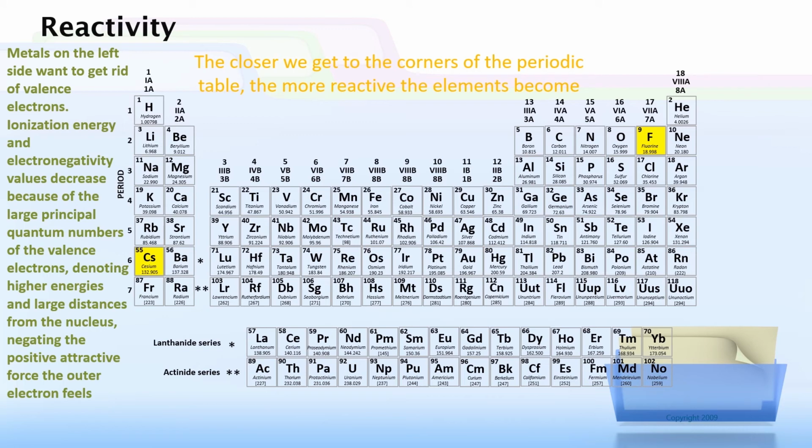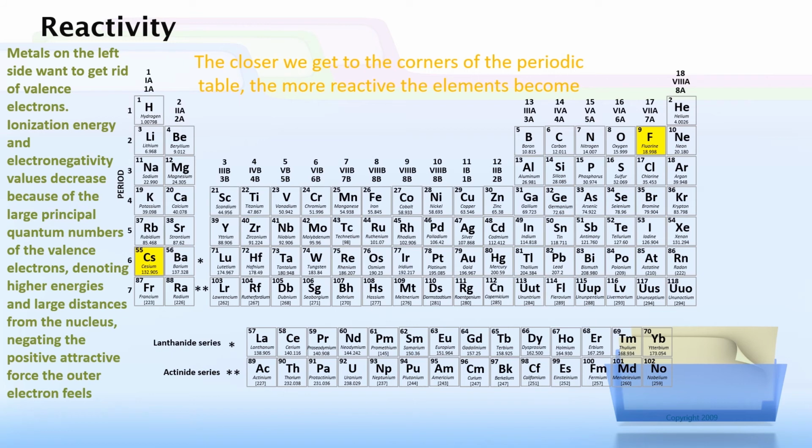And as we go down the group, the ionization energy and electronegativity values plummet because of the large principal quantum numbers of the valence electrons, denoting higher energies and larger distances from the nucleus, thus negating the attractive positive force the outer electron might feel. That outer electron for cesium, Cs, the element in the bottom left corner of the table, is just too easy to rip off. So cesium is a very reactive and unstable atom.